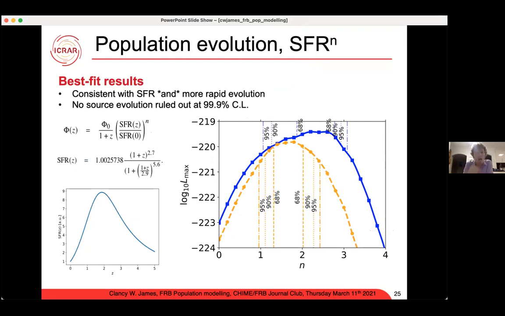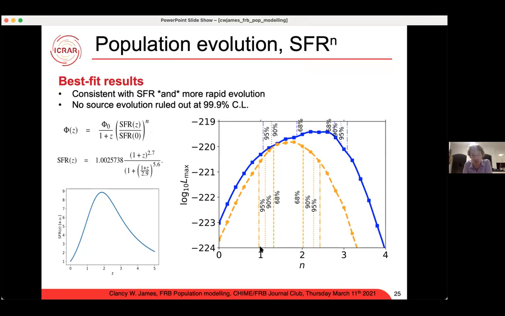Okay, and then the thing about population evolution. The best fit results, whether or not you use a prior on your spectral index, rule out no population evolution. We find very strong evidence that the FRB population is evolving in a way that's consistent with star formation, but it actually prefers a value that's more rapid than star formation, up to star formation squared, with this power.